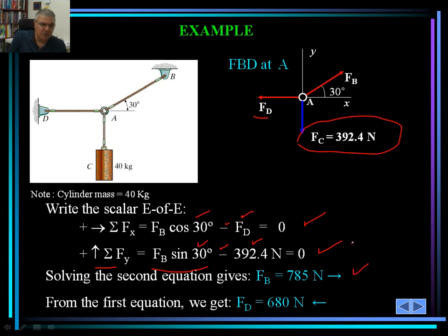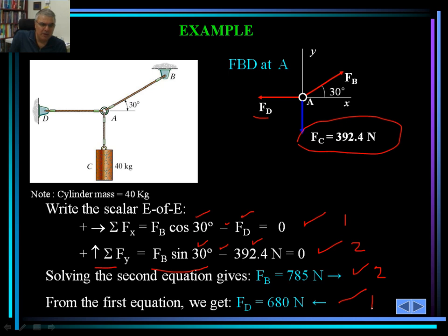This is from equation number 2. We calculate answer number 2, and answer number 1 is calculated after we back substitute F sub B into equation number 1, and then we can calculate F sub D as 680 Newton.